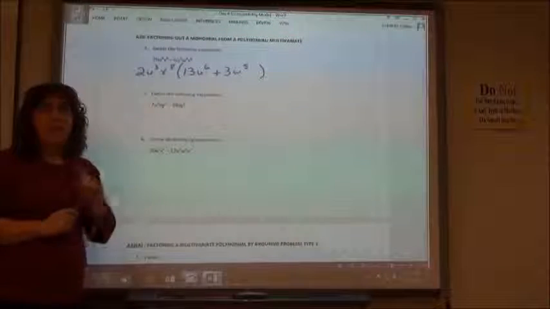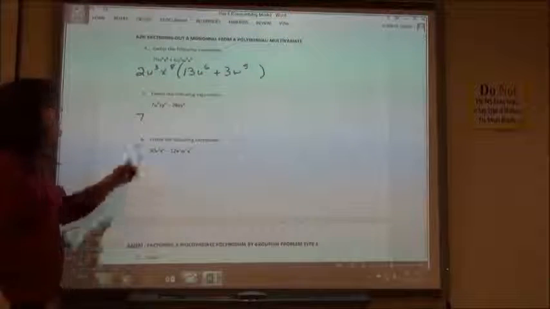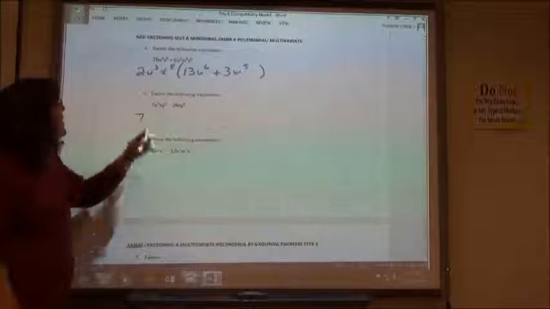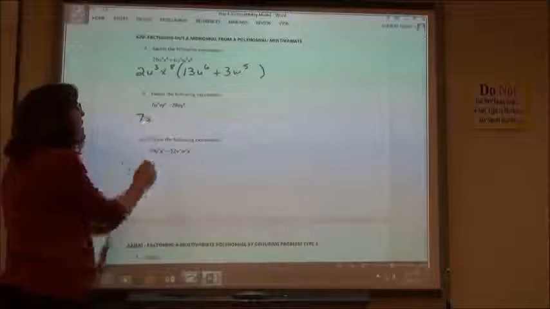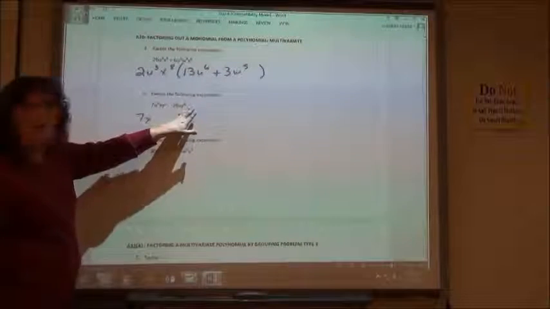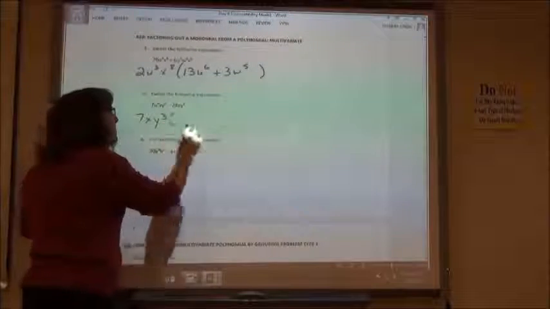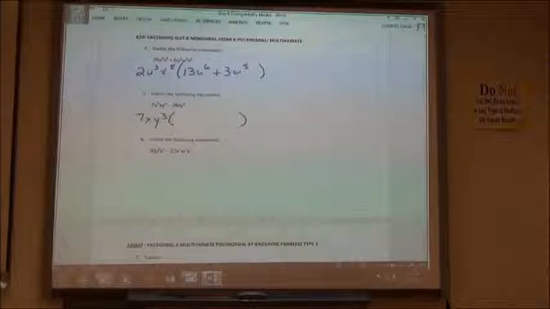Seven and 28 are both divisible by 7, right? I have u's here, but no u's there, so I can't take out any u's. I've got an x in both of them, so I can take out an x. And I have a y to the 3rd and a y to the 6th, so I do the lower amount, the y to the 3rd. So 7xy to the 3rd will be my greatest common factor.